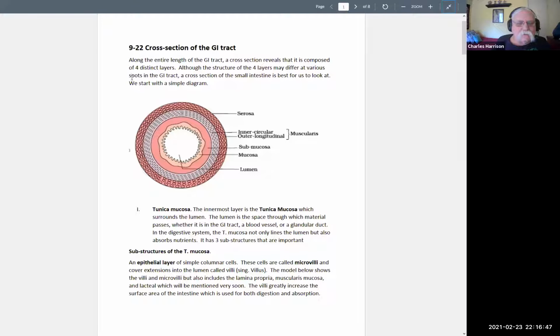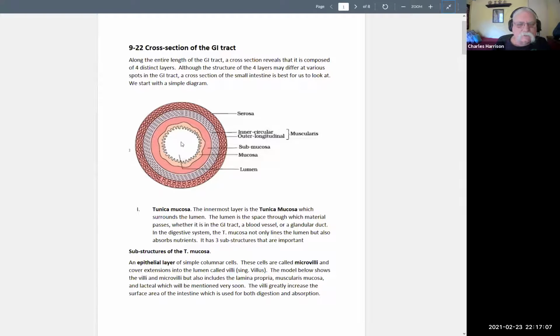Along the length of the GI tract, the tract itself is like a hose, and it has many layers around it, 4 in particular that we will talk about. The first layer is on the inside. This is the lumen.